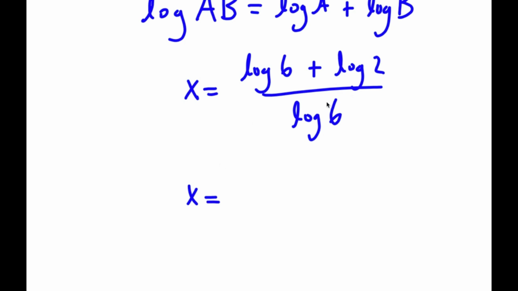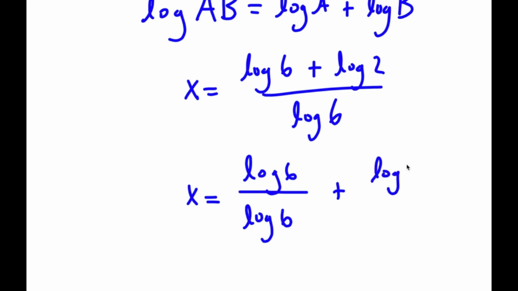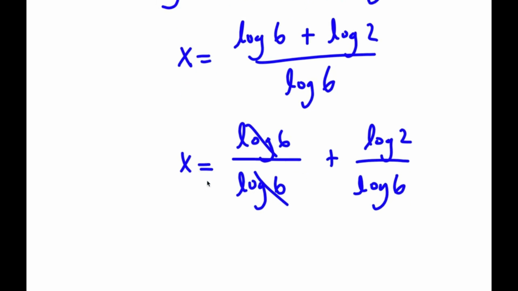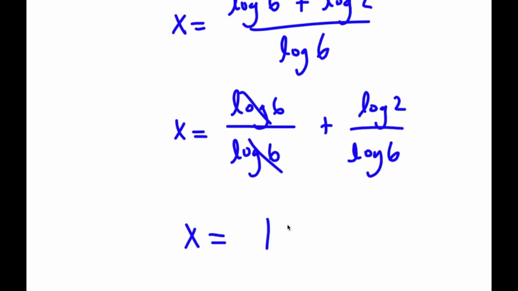Now log 6 plus log 2 over log 6, this is the same thing as log 6 over log 6 plus log 2 over log 6. Now, log 6 and log 6, these two cancel out. So now I have x is equal to 1 plus log 2 over log 6.